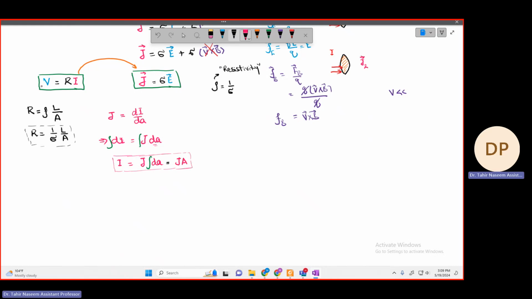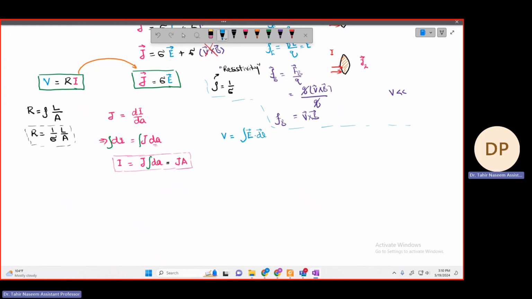The last thing is I need to convert V in form of E. So I can also do that using the definition of potential, which is V equals the integral of E dot dl.